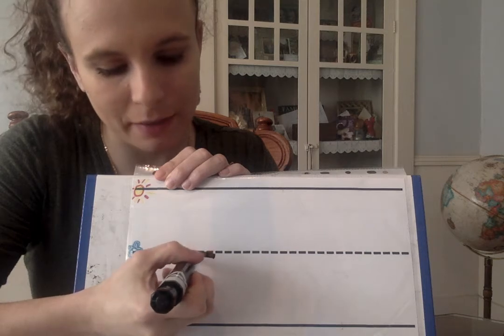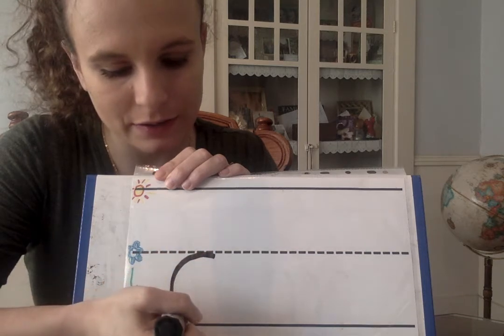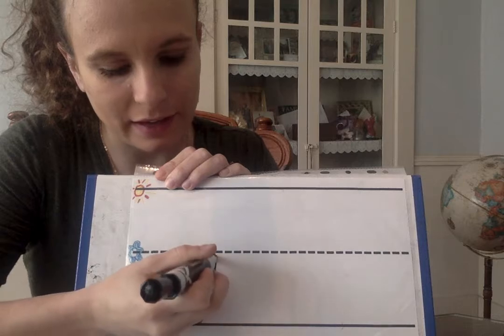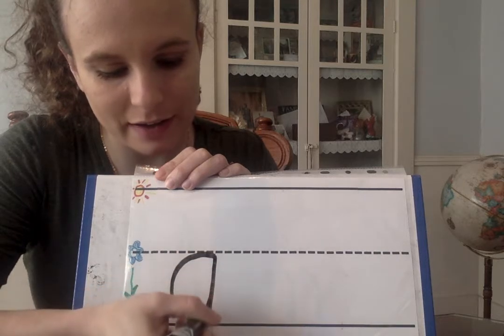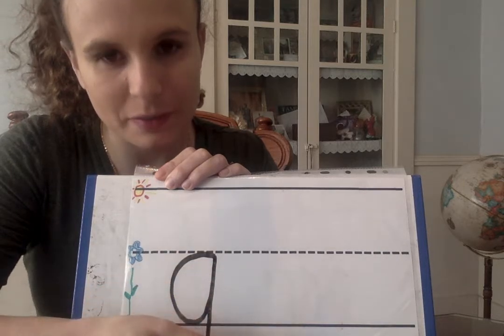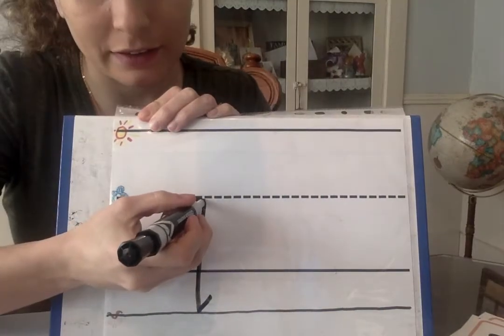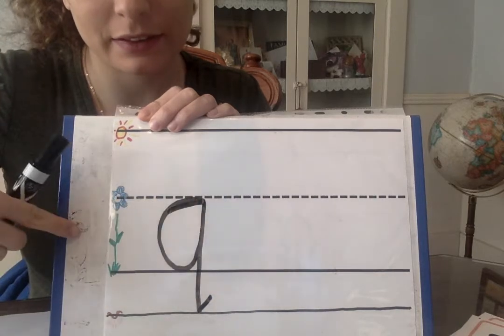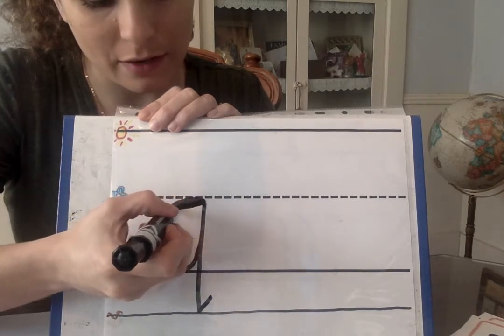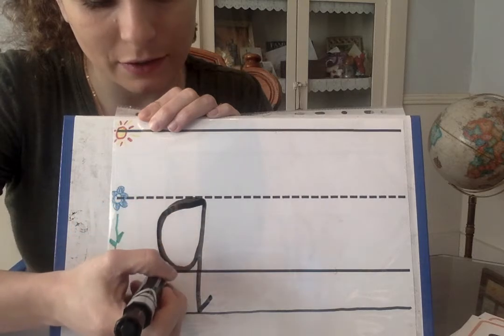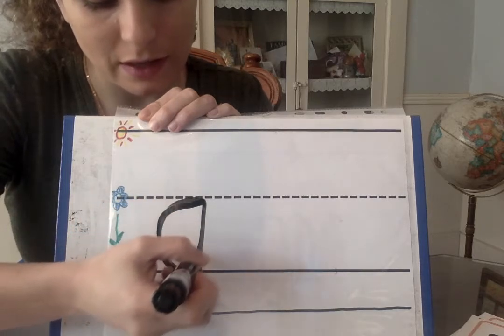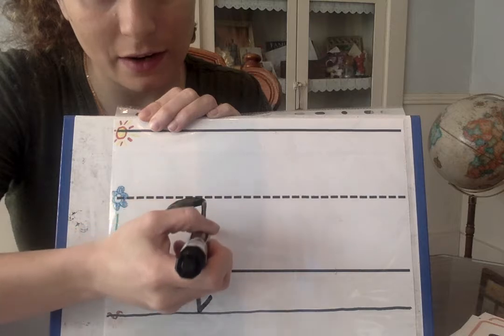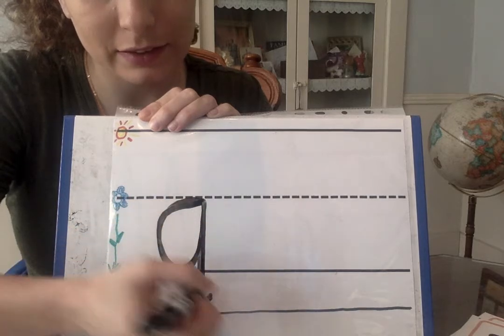And kind of like an A, we curve around to the left, and then we make a line down. But instead of stopping at the grass, we go all the way to those worms, and I give it a little tail. I'll do it again because you probably didn't see that. Okay, so we start here at the midline with the flowers. We make a left curve around, and then make a line down, and give it a cute little tail.